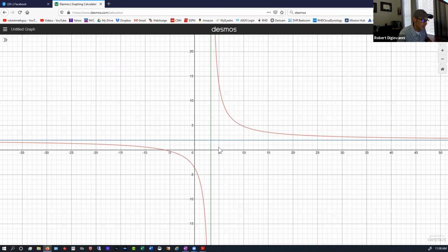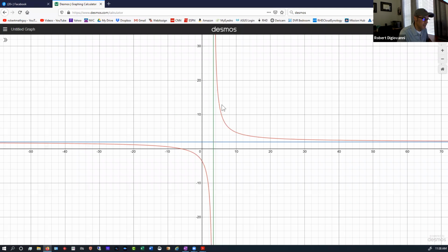I like to think of it like a wall. As our red function comes into it, it's like it sees the wall and it can't go through, so it turns up. And then on the other side, on the left side, it hits that green wall and it turns down and goes down forever.